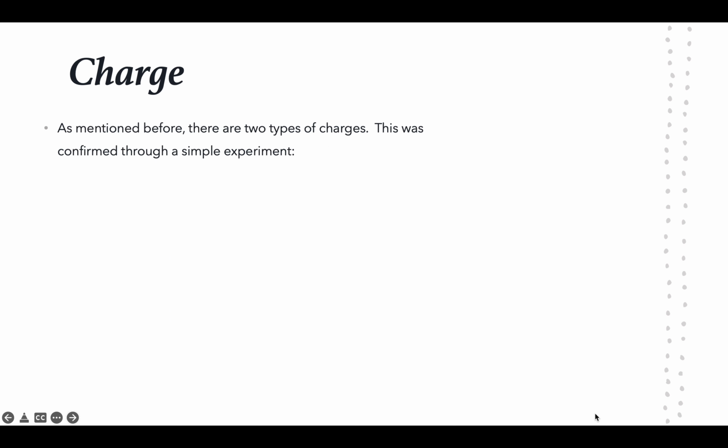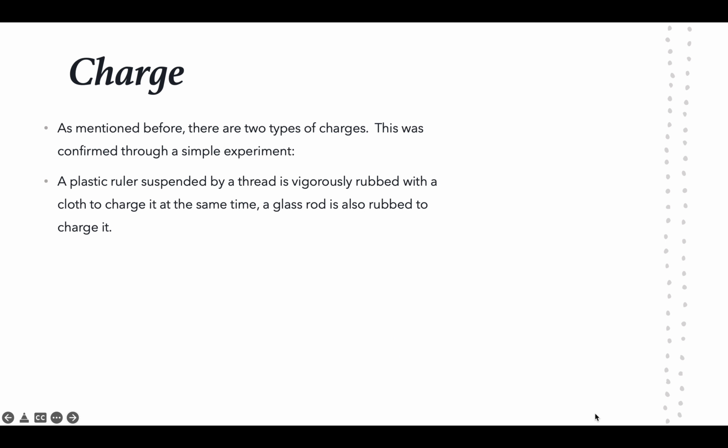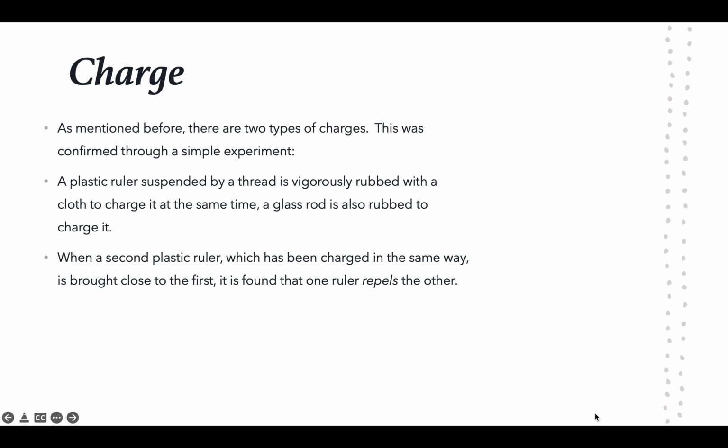Now, before we could look into the atom, there was a simple experiment done to prove this. In this experiment, a plastic ruler was rubbed with a cloth to charge it, and at the same time, a glass rod was also rubbed to charge it as well. Now, when a second plastic ruler, which is also charged, was brought close to the first ruler, it looked like the first ruler was repelled by the second ruler.